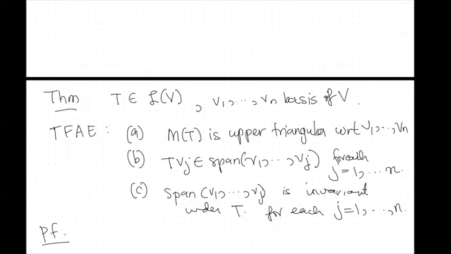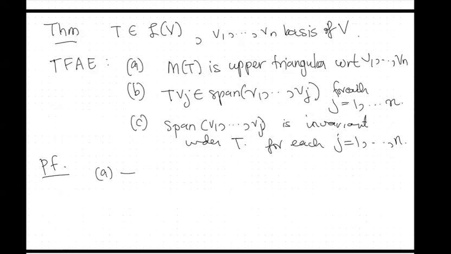We will state the proof of this theorem. A implies B is just the definition. If you have an upper triangular matrix, then the operator applied to V sub j is in the span of V1 to V sub j. So this is easy.